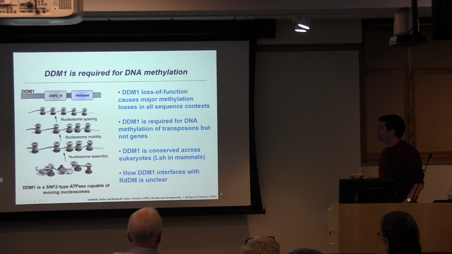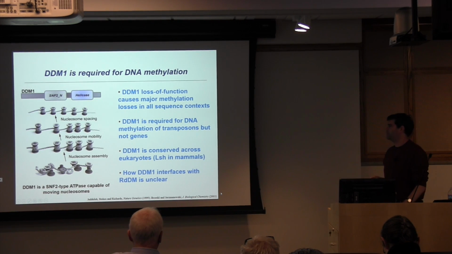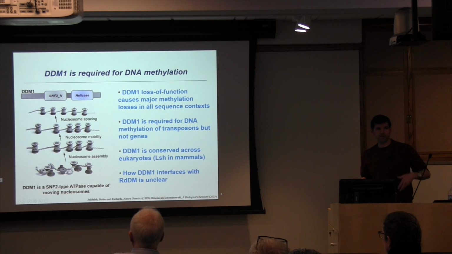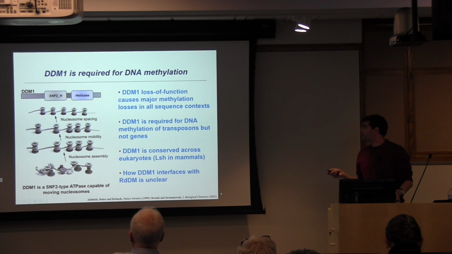So the identification of this gene made it clear that the nucleosomes in chromatin had an important influence on DNA methylation. Later, people figured out that DDM1 loss of function causes major methylation losses in all sequence contexts. So it affects CG, CHG, and CHH methylation. It is required for methylation in transposons, but not in genes.